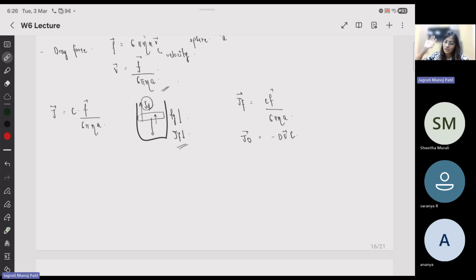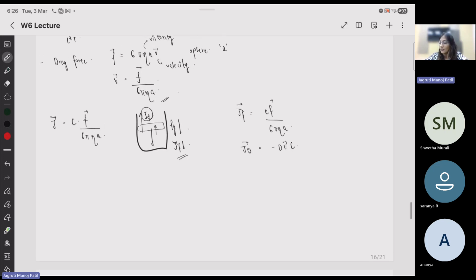But now it wants to get into a position where there are equal amounts of spheres, smaller and bigger, in each direction. So now they tend to settle down, followed by an exponential decay, similar to the exponential decays we looked into. Here the concentration decreases as a factor of F x by something like kBT.